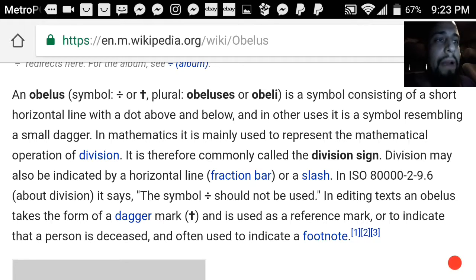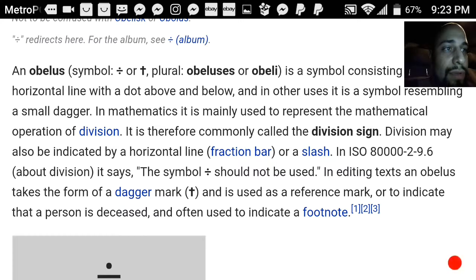It is therefore commonly called the division symbol. Division may also be indicated by a horizontal line, fraction bar, or slash. Okay, so let's skip that. ISO 80000-2 9.6 about division says the division symbol should not be used in editing text.